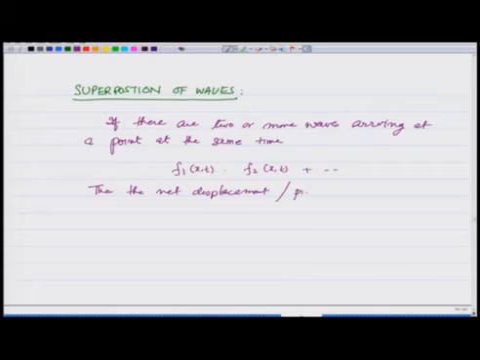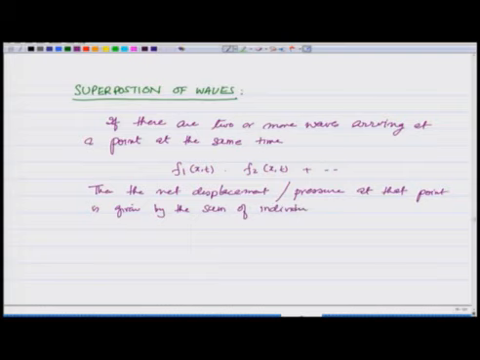or pressure, these are the two waves that we have studied earlier, at that point is given by the sum of individual displacements or pressures.